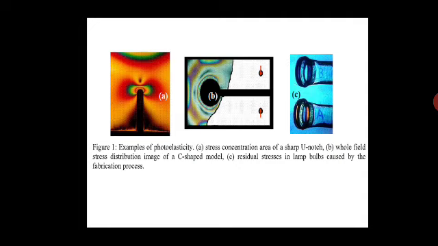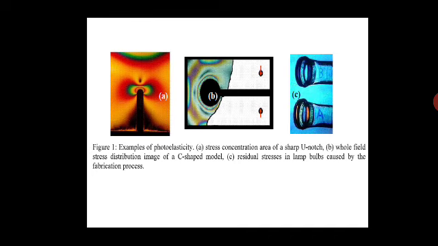Similarly, you can observe a C-shaped model, a rectangular body having a C contour, and here how the stresses and the deformation are distributed can be observed very easily by the photoelastic technique. Along with this, the photoelasticity technique can be used to determine the residual stresses developed in lamp bulbs.